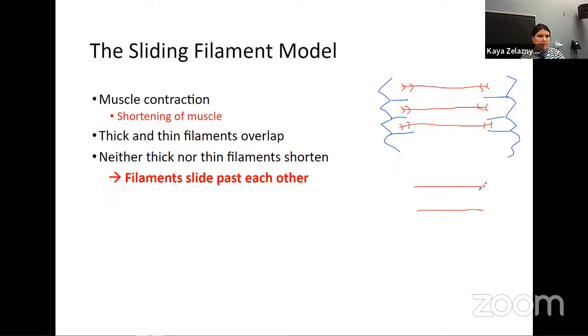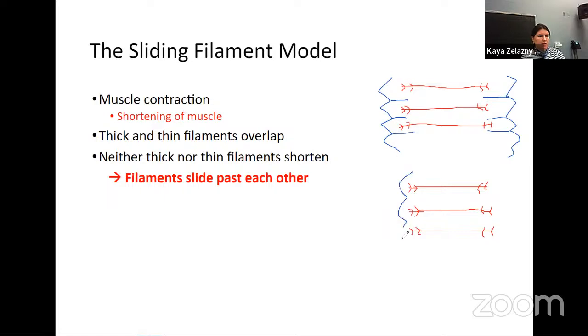Okay. I should just use the line tool. Okay. So the myosin stays the same length. And what happens is the actin pulls towards the center. Okay. So now our Z lines, instead of being out here, they're going to be more like here.